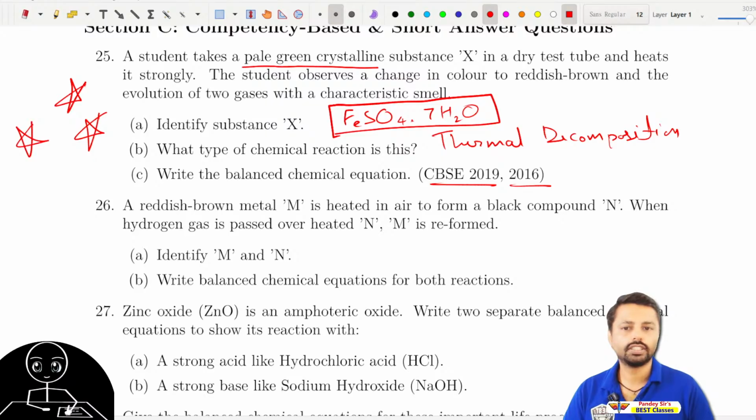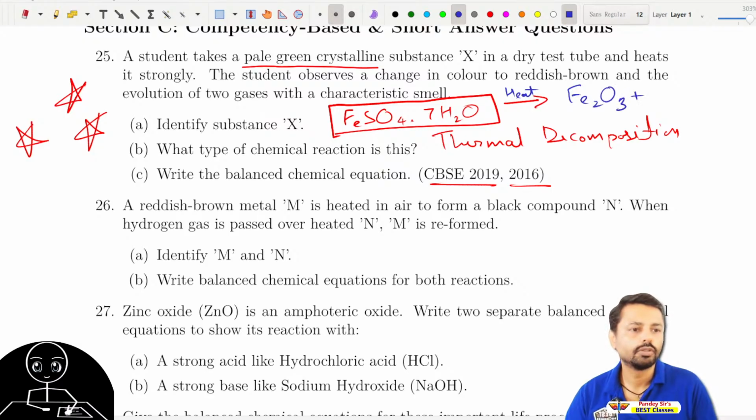So it gives us Fe2O3 with heat, so mention heat. Fe2O3 plus SO2 and SO3 gases.